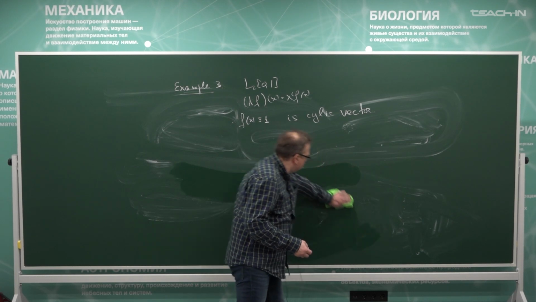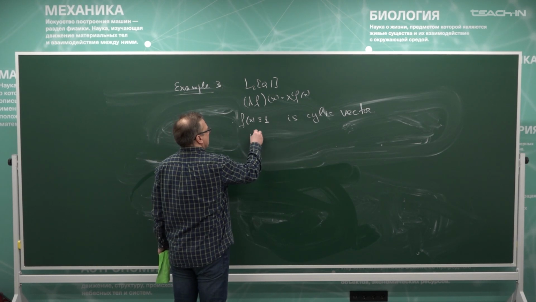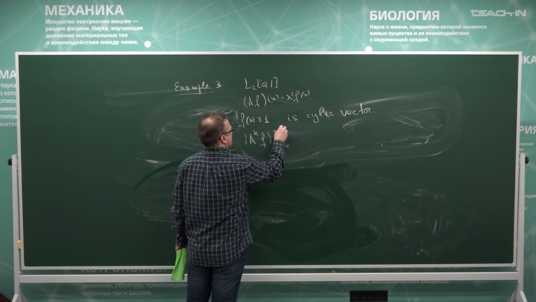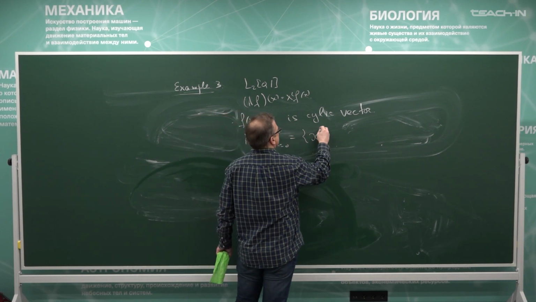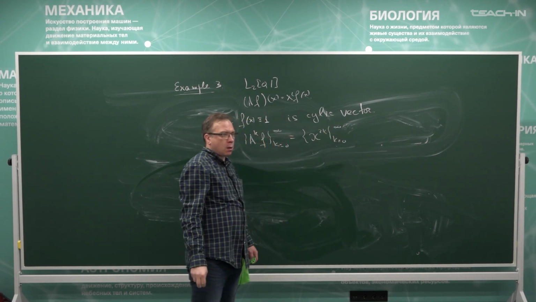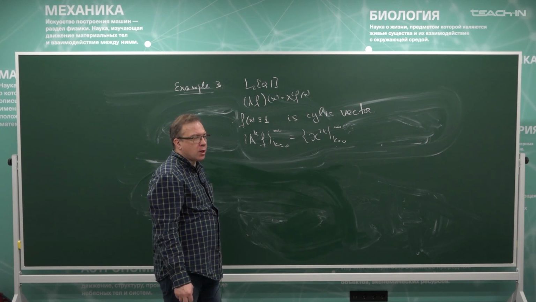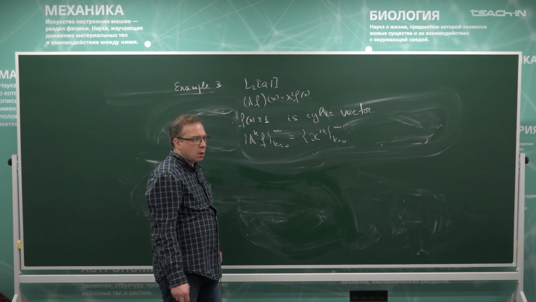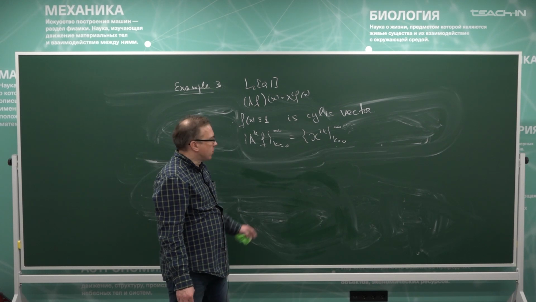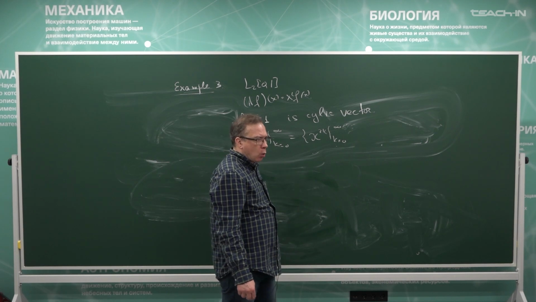For example, the system equals this. And then you can use a lot of arguments for why the linear span of these functions is dense. There are not all powers, only even powers, but they are dense. Why?